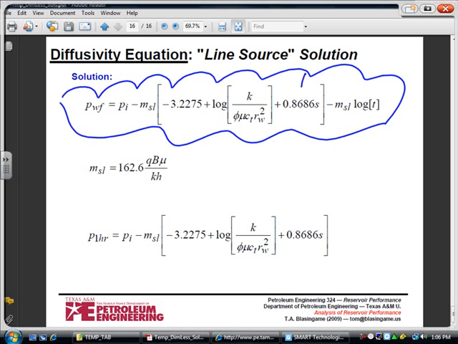So these are all related to those constants, and this is also a constant.